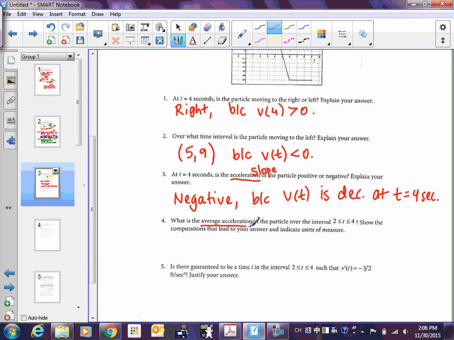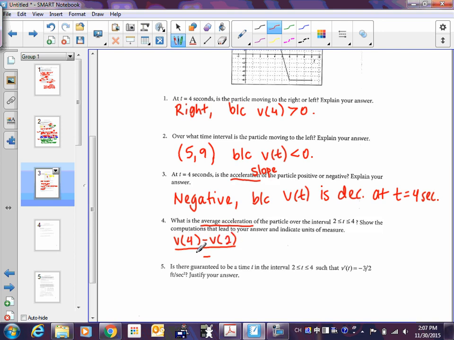We have not yet done this exactly, use this phrase, but we kind of did it in the last problem. It's not asking you to find acceleration and take an average of values. It's really just asking you to do that whole v of something minus v of something else over subtracting those two, just like how we did. So what numbers do you use? You use the numbers they tell you to use, 2 and 4.